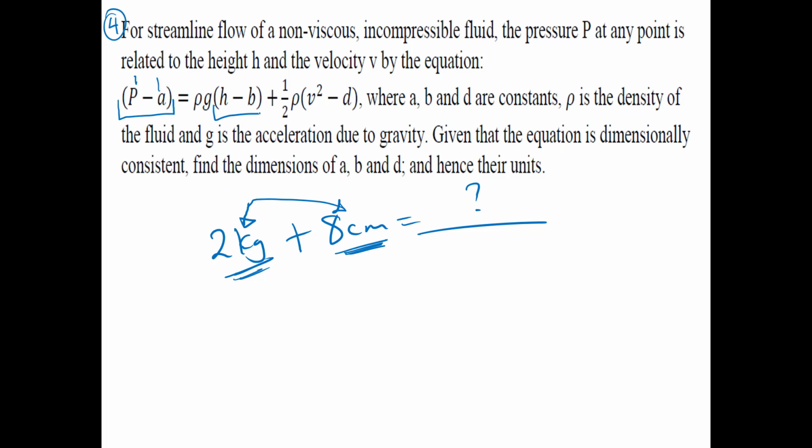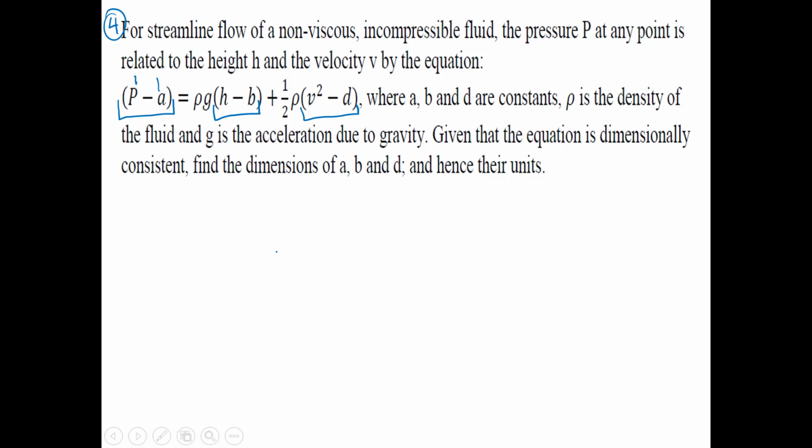The H and the B are having the same units. The V and the D are having the same units. So which means that our work is going to be very simple. So you'll simply say that since you're adding or subtracting, then it means that for P and A, they must be having the same units. And same units means same dimensions.